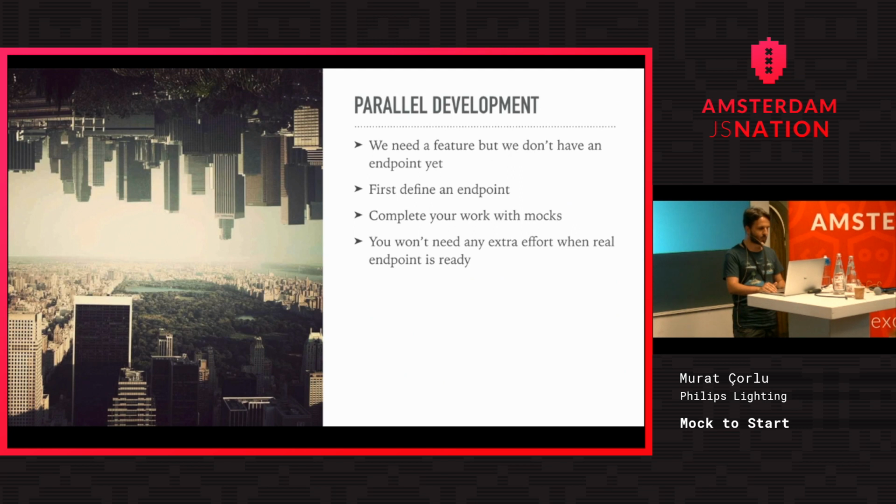Also, that's great for testing new user stories without waiting for endpoints that should be ready. Then it will also be very easy to just test the look and feel without having a backend.